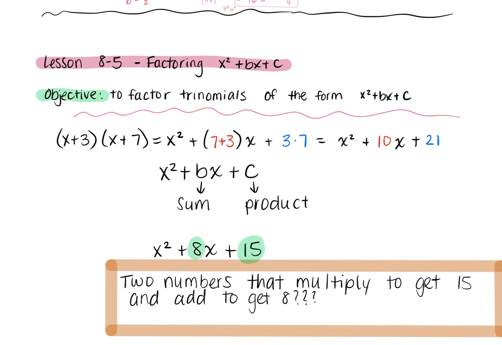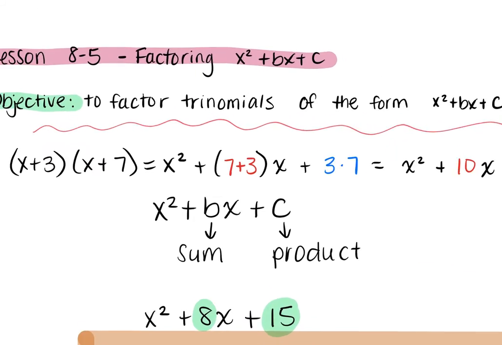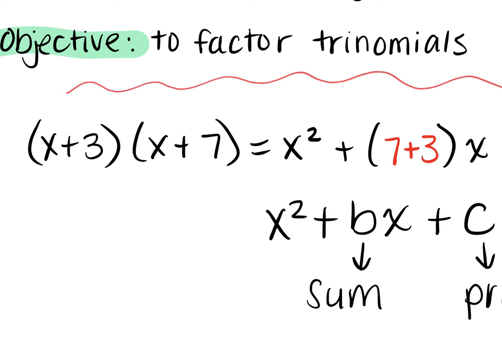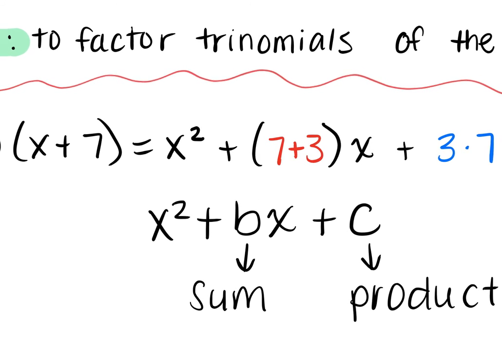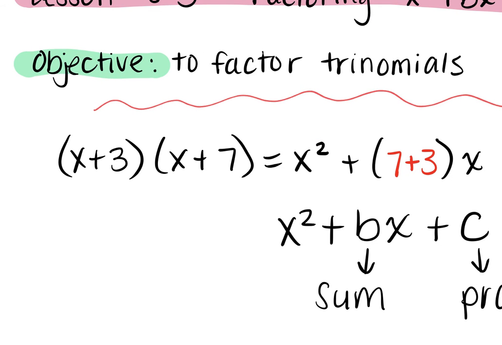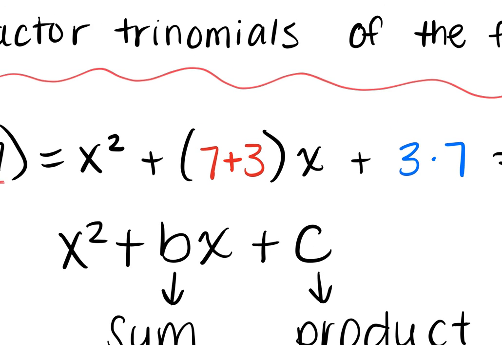Okay? When we're looking at two binomials multiplied by each other, for example, x plus 3 times x plus 7, the x's get multiplied, we get x squared. The two number portions, the 3 and the 7, you actually add them together to form that x term, right?